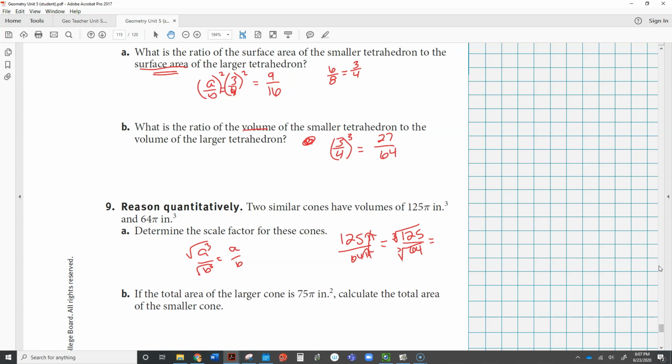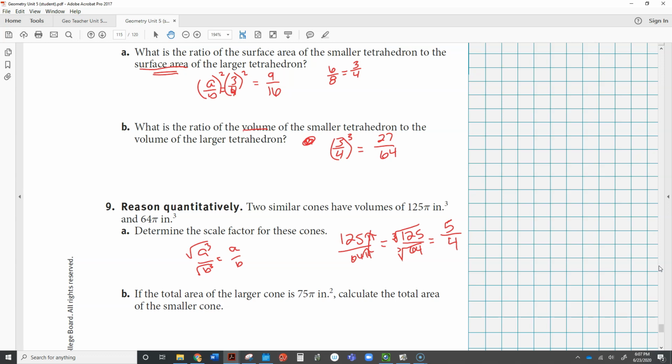And the cube root of 64, I believe, is 4. I'm right. So the scale factor, A over B, is 5 over 4.